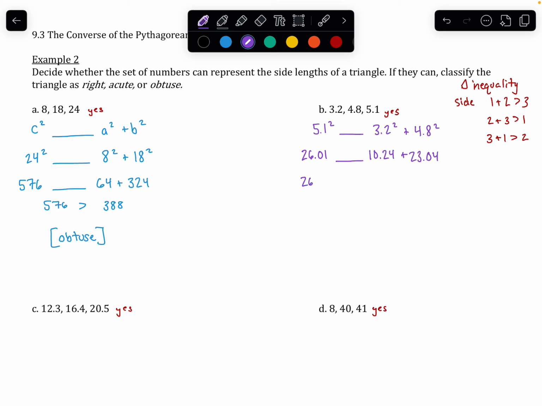I'm going to add these up, so 10.24 plus 23.04 is going to be 33.28. So my a and b are bigger, so this is acute.